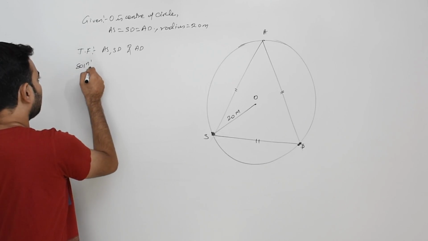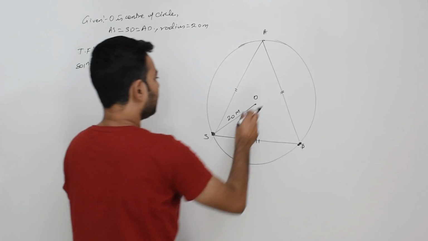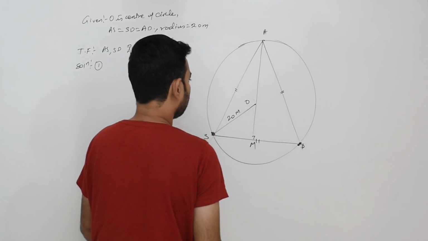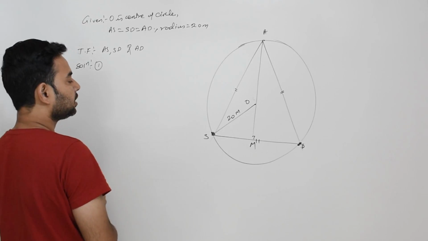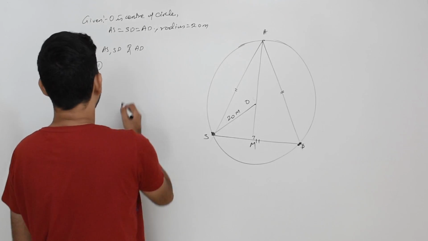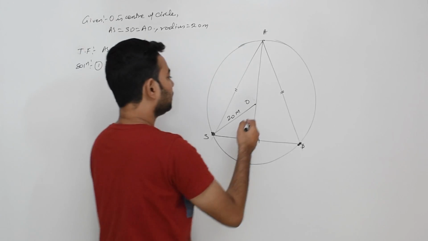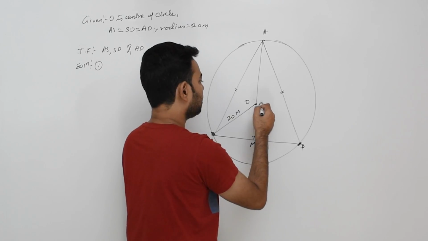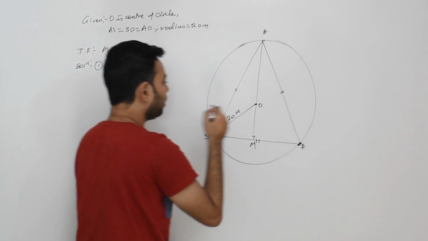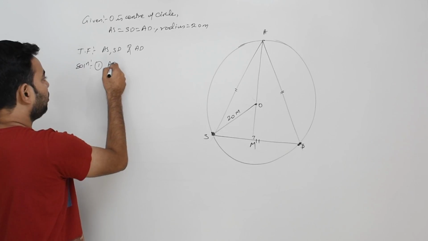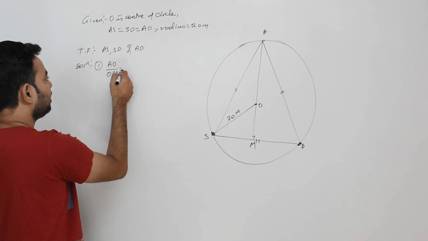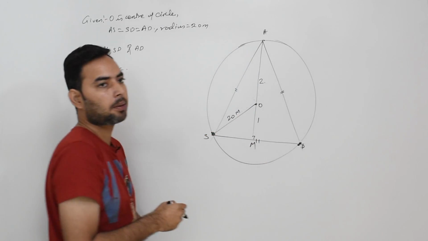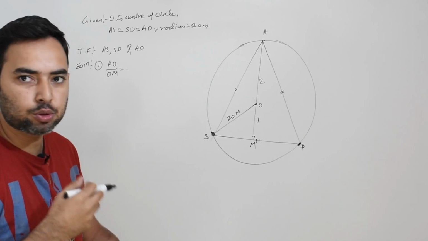Solution: first, if we draw OD and OM perpendicular to SD, it means it passes through the center of the circle. So O is the center of the circle, and AO upon OM is always 2:1, because in an equilateral triangle the altitude is a median.